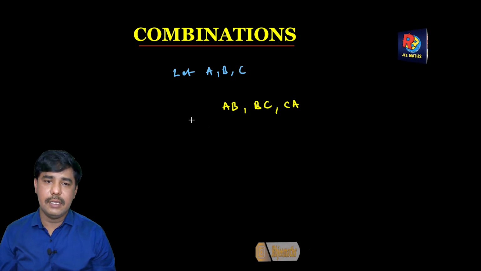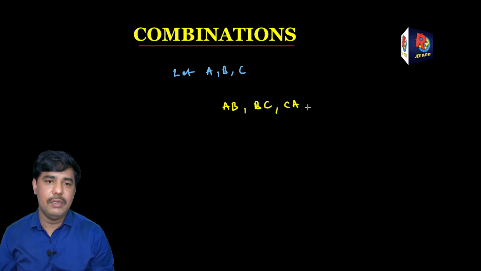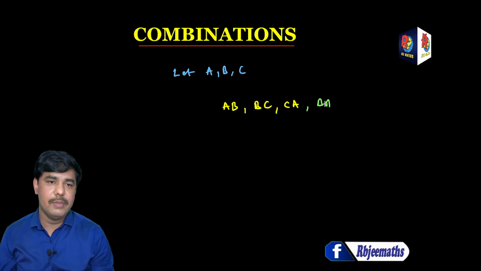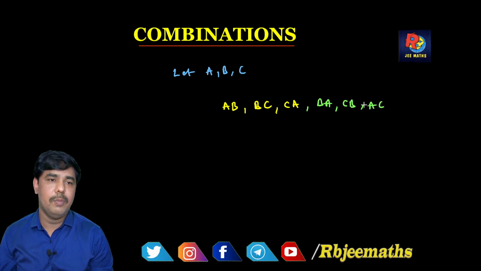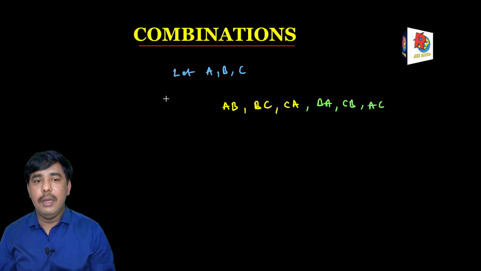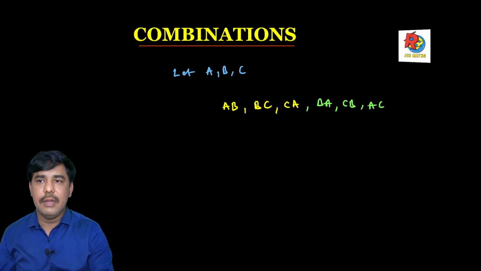And if it is permutation, what will happen here? You can observe this: BA is also possible, CB is also possible, and AC is also possible. In permutation these 6 possibilities are possible, but in combination you can observe selection of two people only.